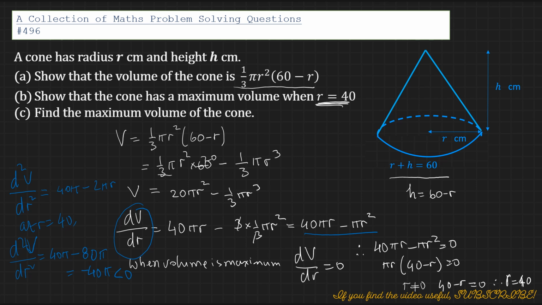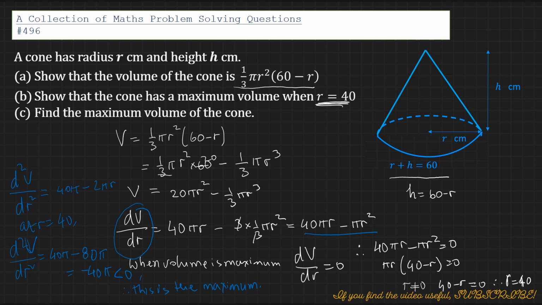And we know that if the second derivative is less than 0, then you have the maximum point. So therefore this is the maximum value attained.